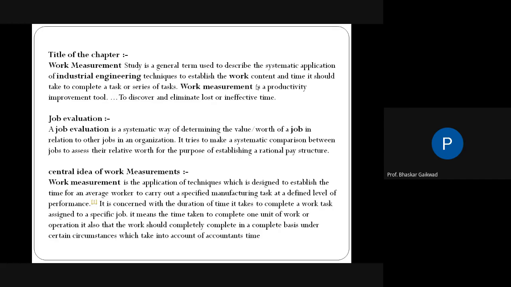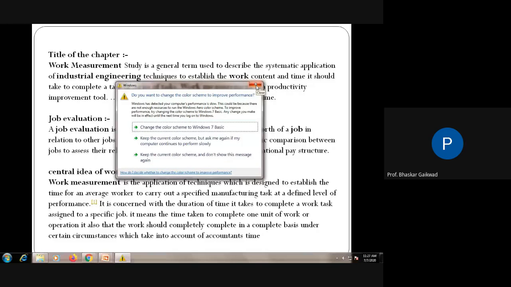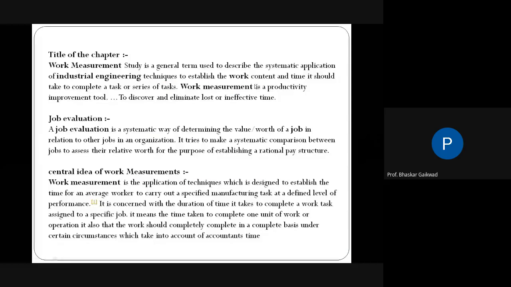If you read these two, three lines, a very simple thing is there. In work measurement, we have to decide the actual time required for a job. If we have not decided, what will happen? There is an effect on cost, on production, on productivity. Correct? So unnecessary time we have to eliminate. These things you will get from work measurement. So this is about the title of work measurement.